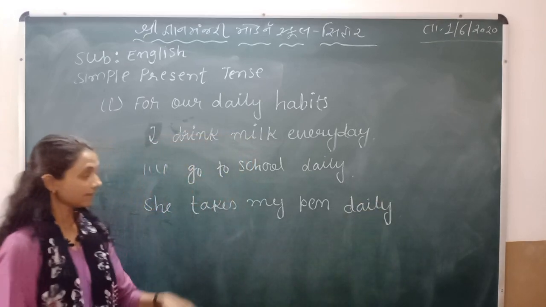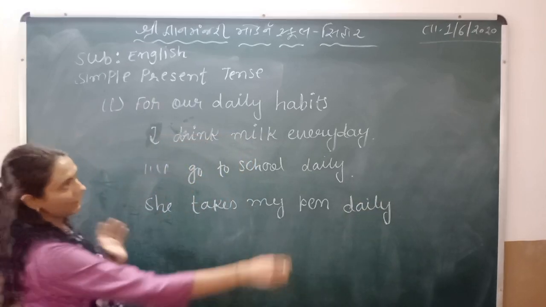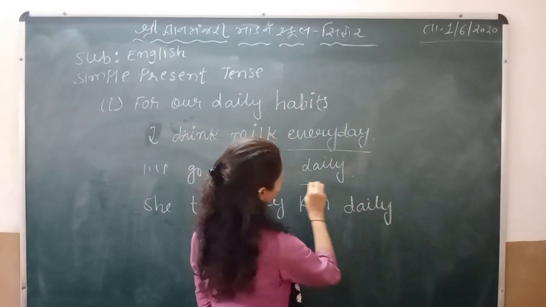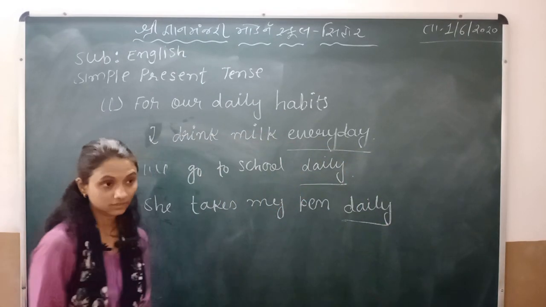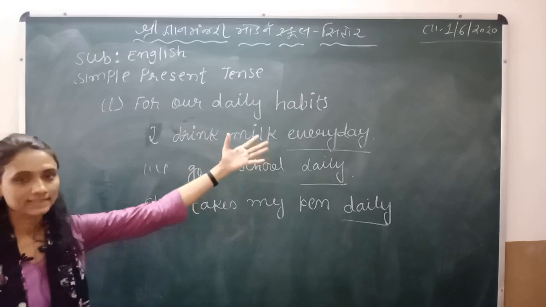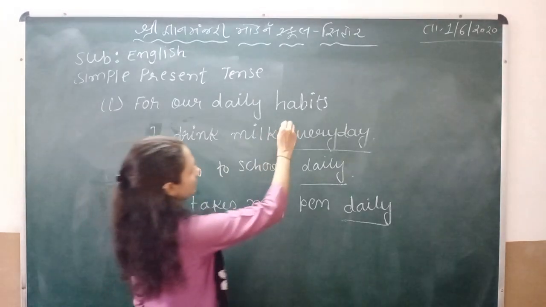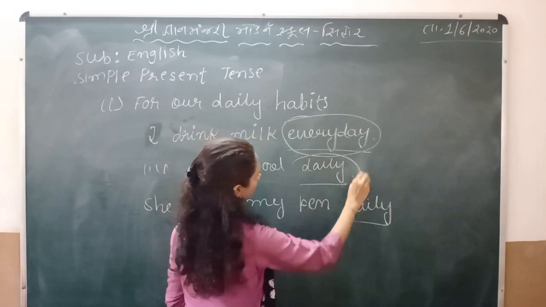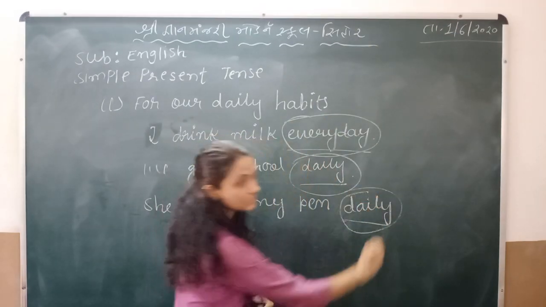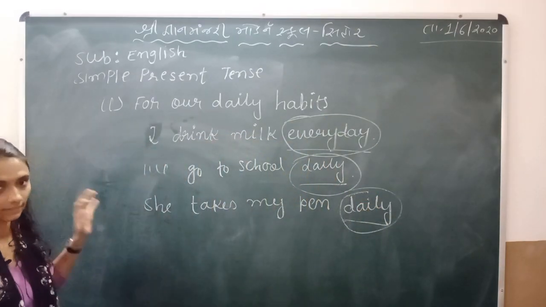If you have noticed, here we have words like every day and daily. It means these words suggest simple present tense. So we can say these are the key words of simple present tense.